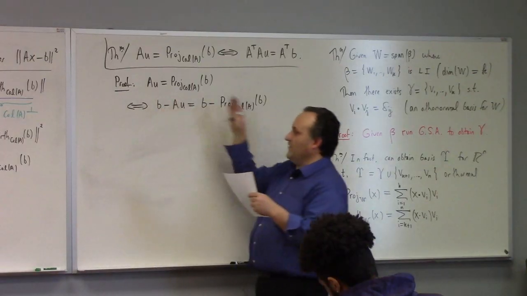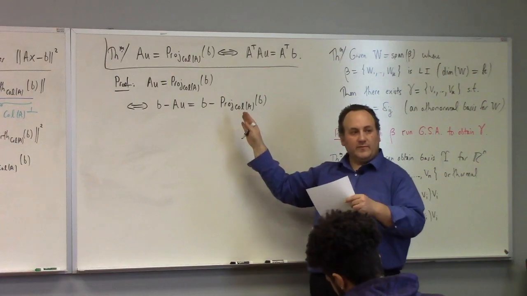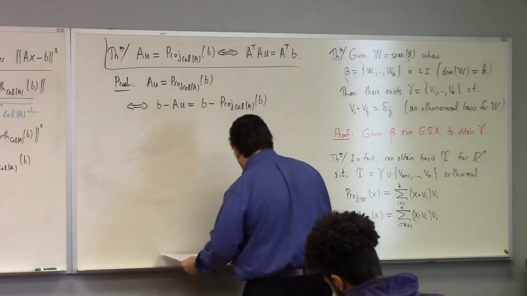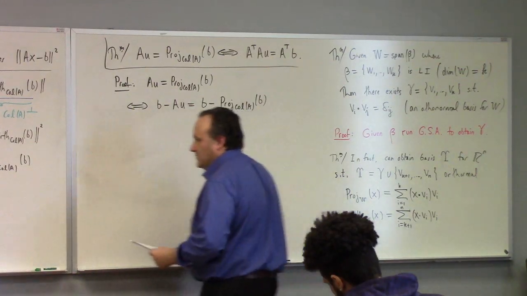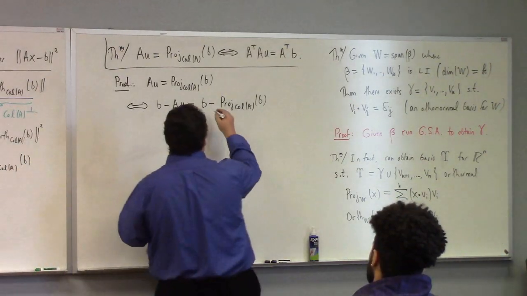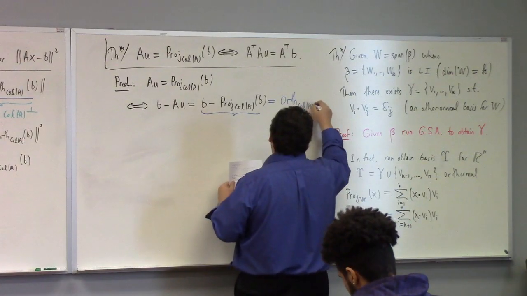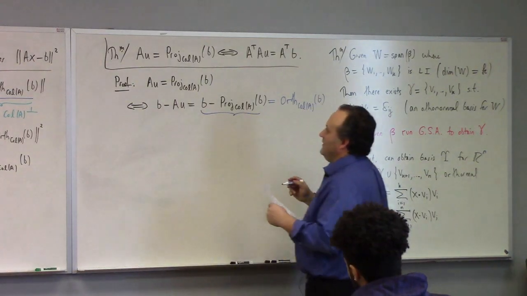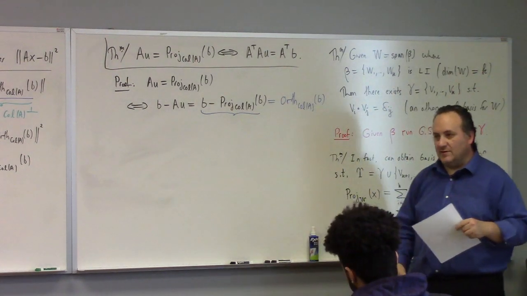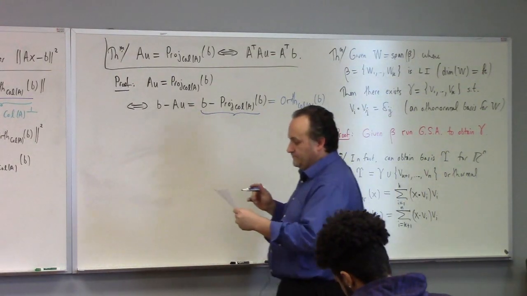So I subtracted AU from the left-hand side, and I subtracted the projection from the right-hand side. You guys see that? But what is the right-hand side now? Can you recognize? What is that? Very good. That is orth of the column space of A of B. I regret not calling the column space of A W like 10 minutes ago, because I've written column space of A like no less than 20 times. But anyway, there it is. That's orth. All right, great.